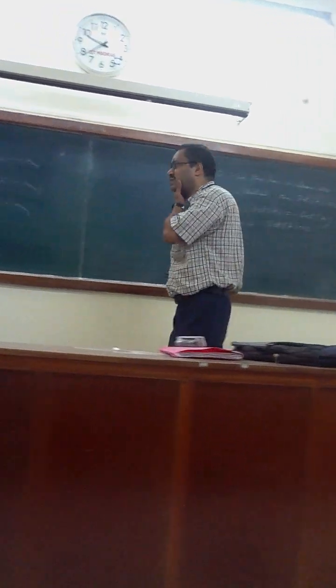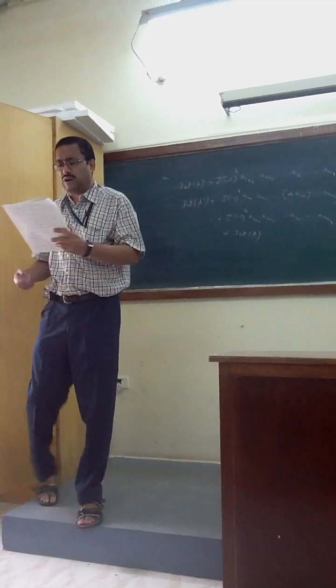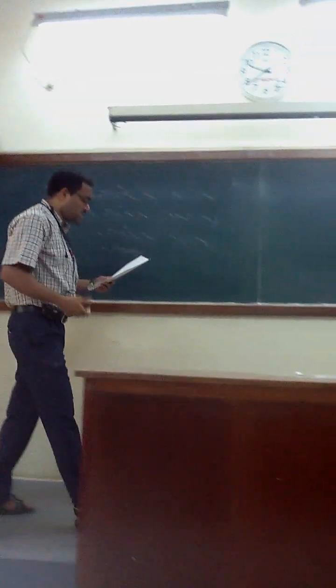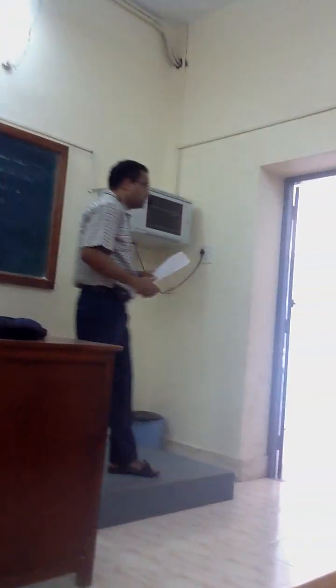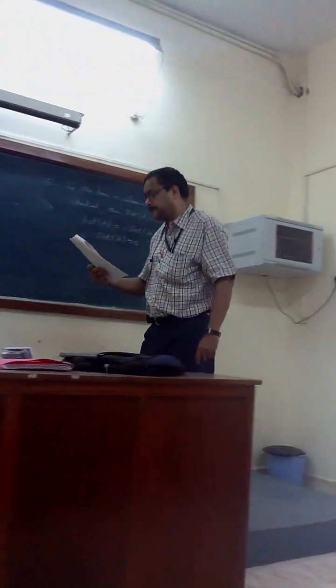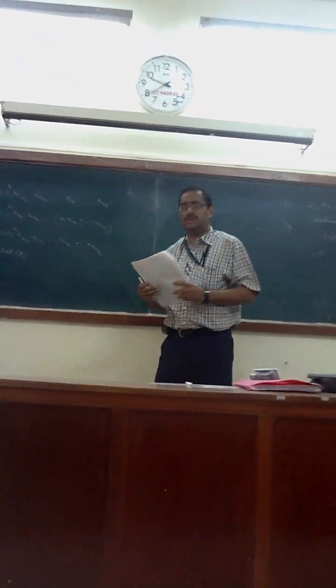This type of proof we have seen earlier. If row j is multiplied by alpha, which is not 0, and added to row i, the determinant is unchanged. You got the point? What I said?